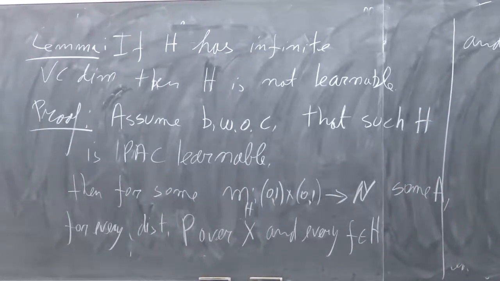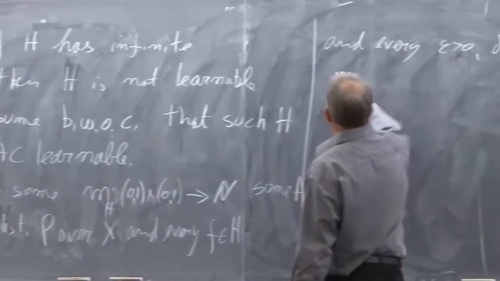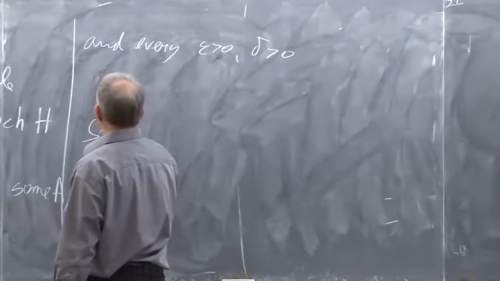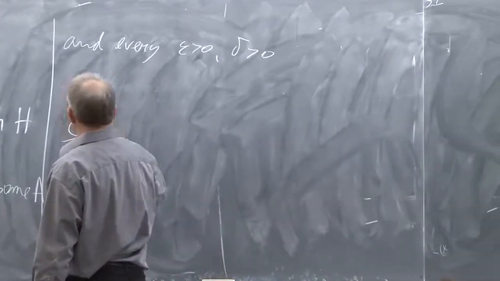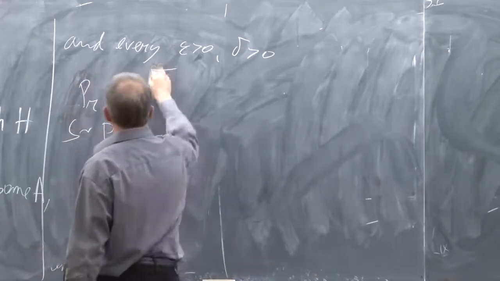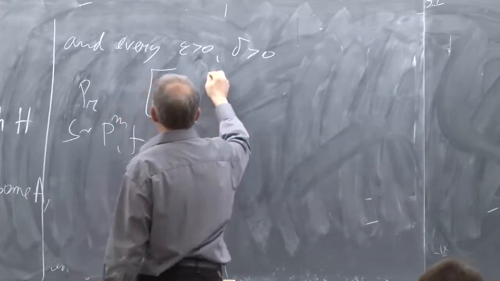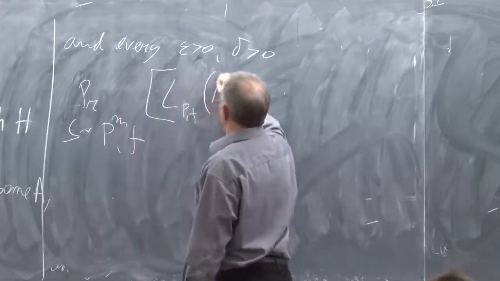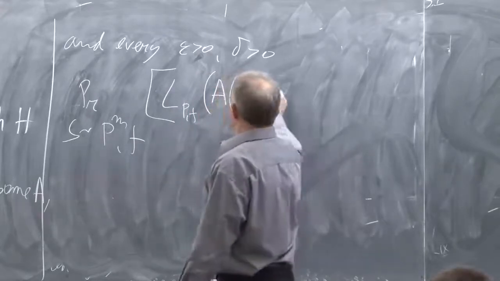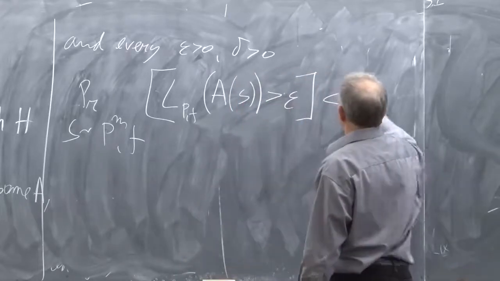for every such, we know that the probability over samples going according to my P to the M and labeled by F, the probability that the loss with respect to this function of whatever A will do when it sees S, the probability this will be greater than epsilon is less than delta.